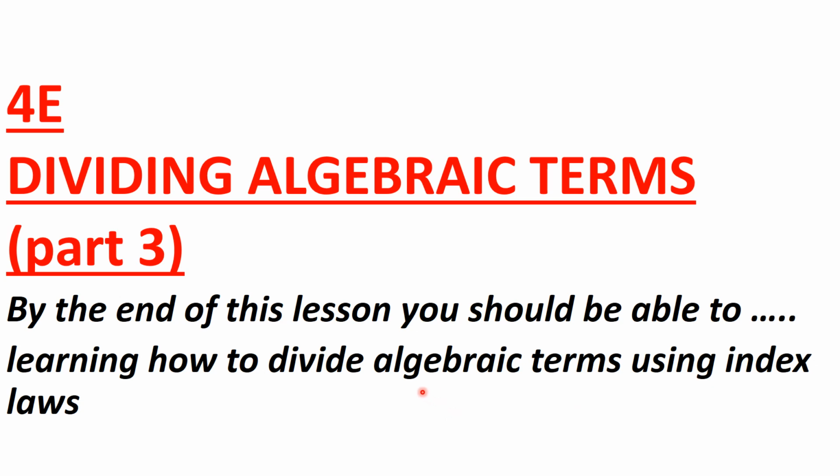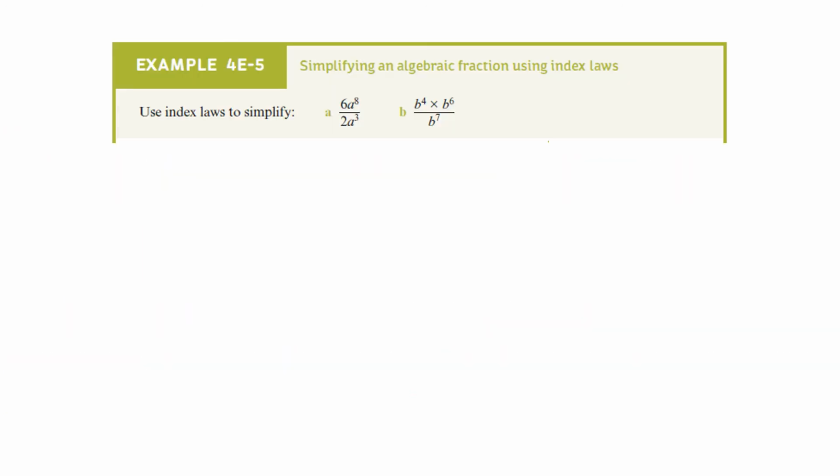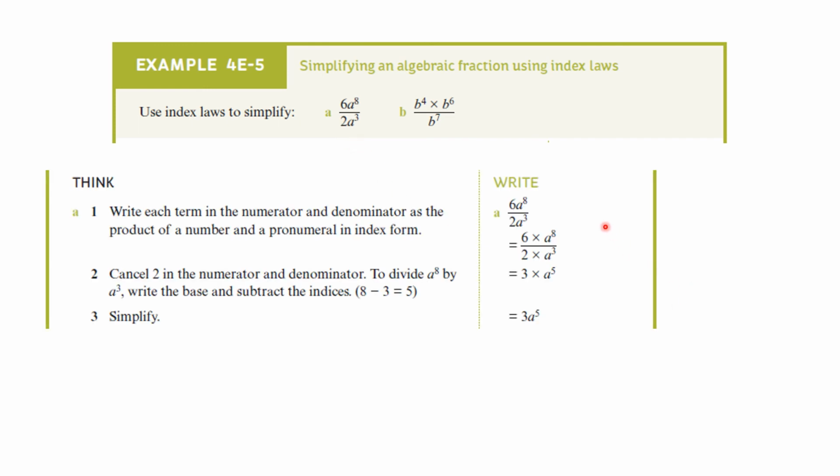The last part to this is essentially doing what we just did before, but now may involve a few more steps. If we're going to use our second index law for this question to simplify, we can see that we can do 6 divided by 2, which we know is 3.